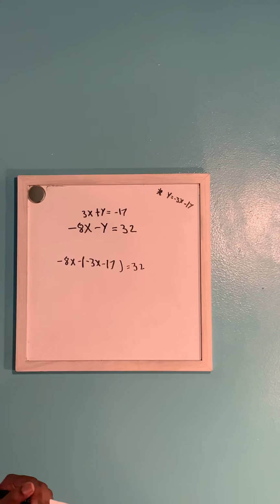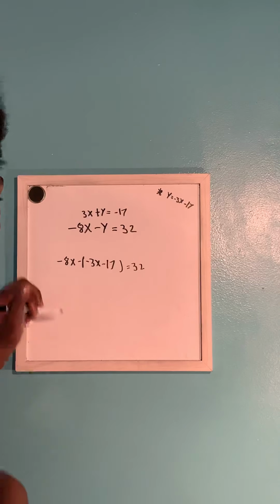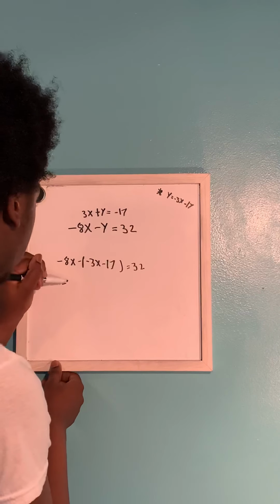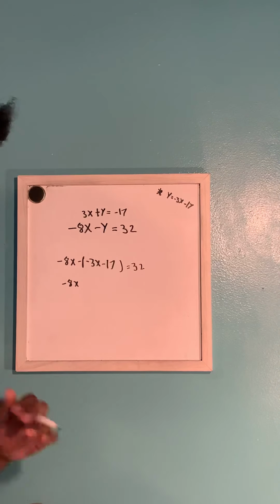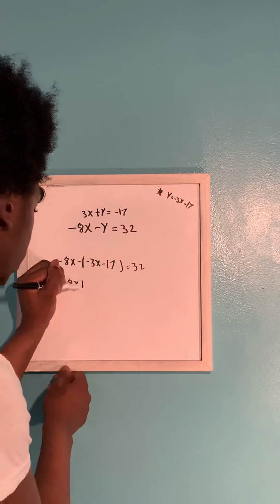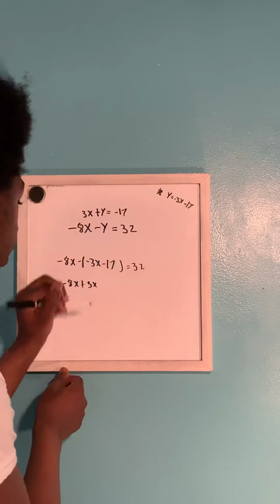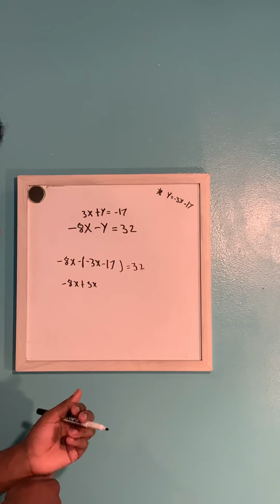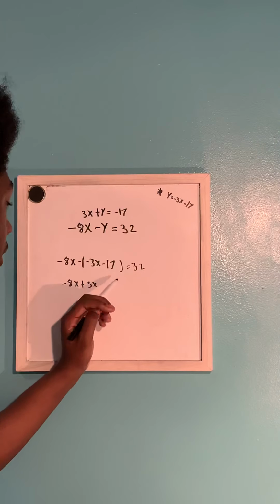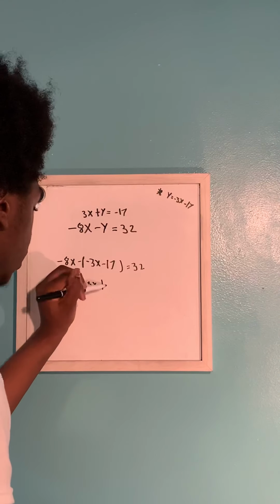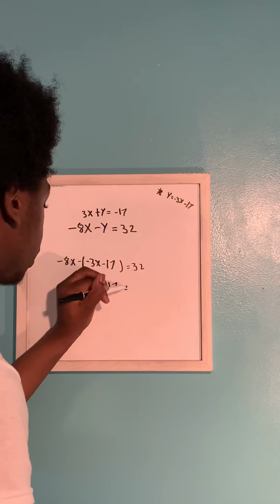Alright, so now we multiply, negative 8x stays the same. We have the negative times negative 3x, which would be positive 3x, because a negative times a negative is a positive. And we do the same thing, negative times negative 17, which equals positive 17, equals 32.